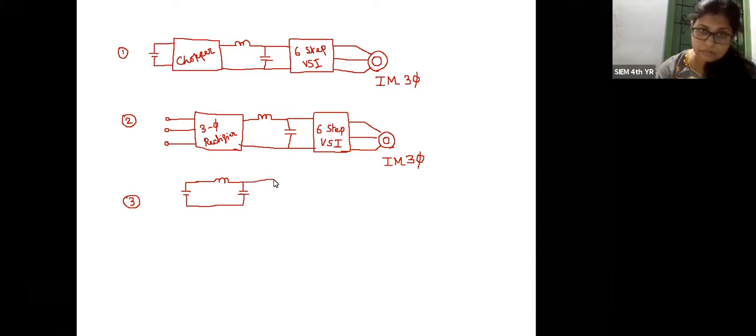Then the output of this low pass filter we can directly feed to this PWM voltage source inverter.